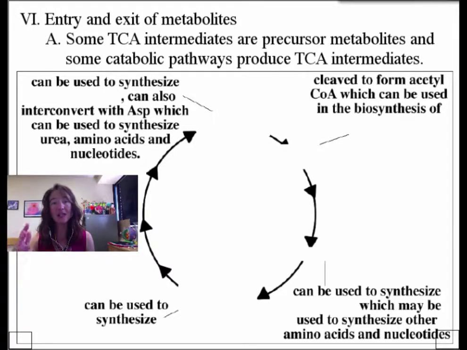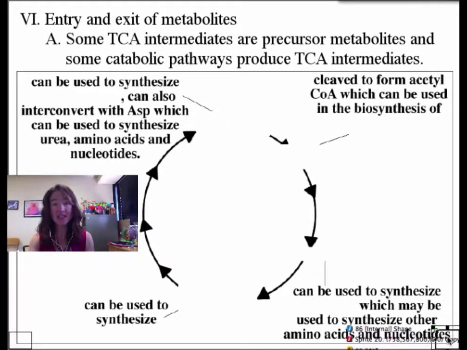If the cell needs more reducing power and ATP, then it will continue to catabolize these intermediates. But if there is some need for Legos to build larger molecules in anabolism, then these intermediates will be siphoned away.